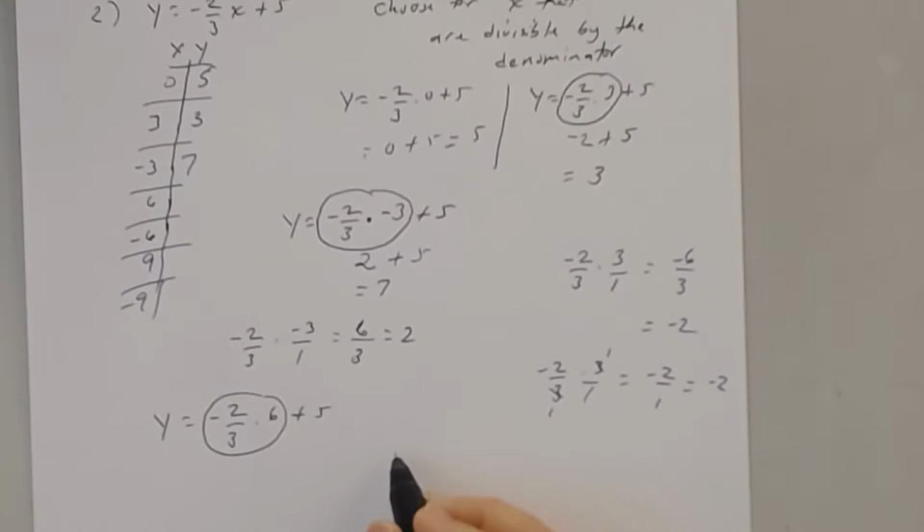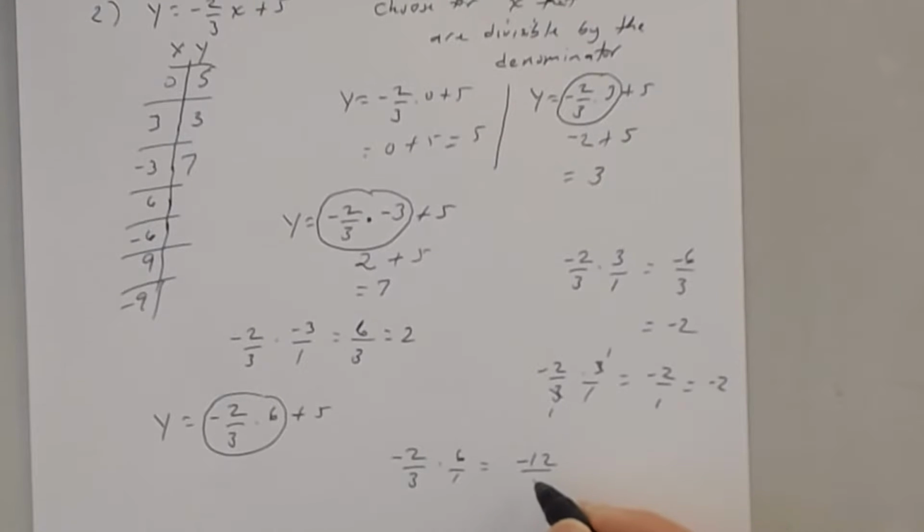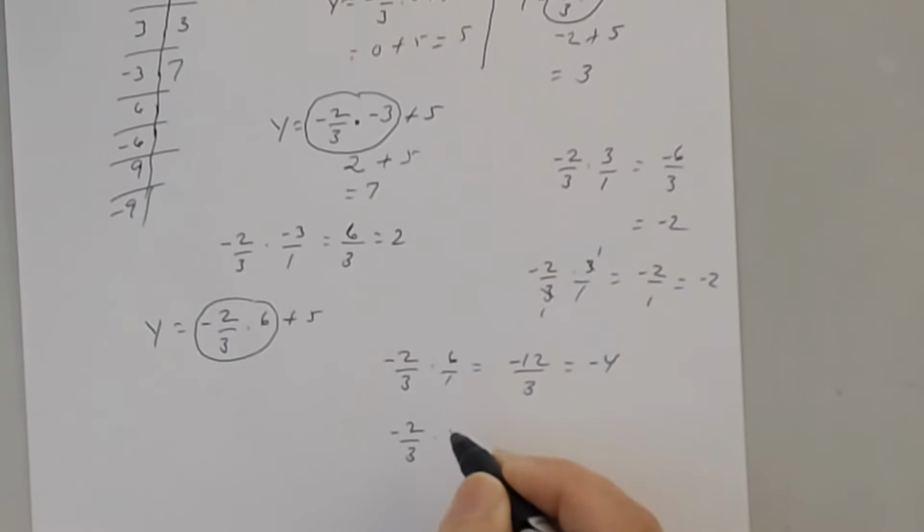So if I go off to the side and figure out what that is, I'm going to do both. Let's multiply first. What's the numerator? What's the denominator? 3. What do I get? Negative 4. Or I could have reduced first. 3 into 3? 1. 3 into 6?